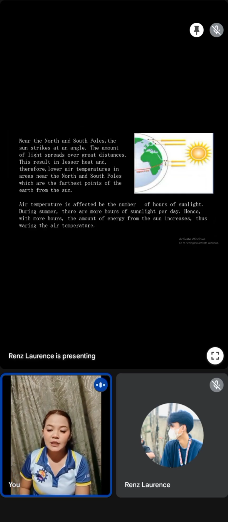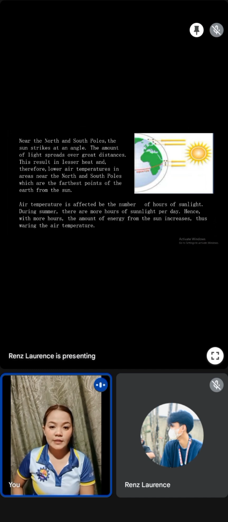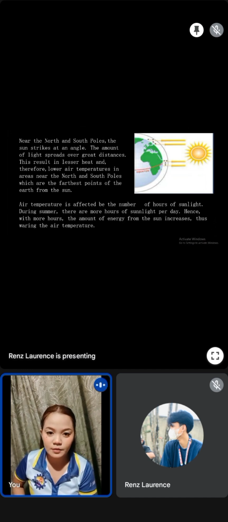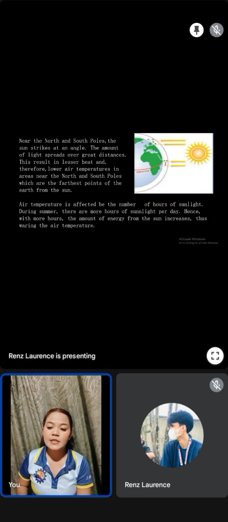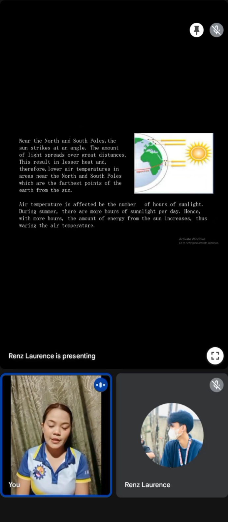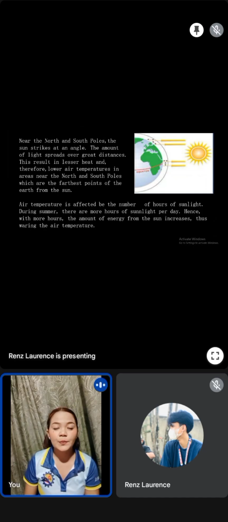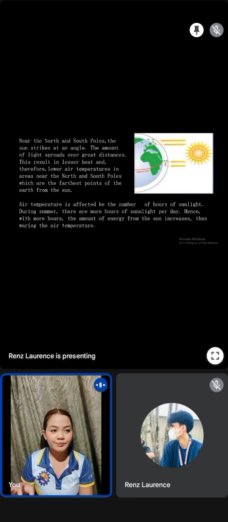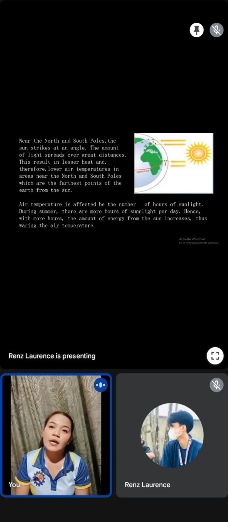Next is the altitude. Altitude is the height above sea level. The higher you go, the colder it gets. For example, mountains are colder than the lowlands. If you go to a mountain and reach the top, you can feel cooler.